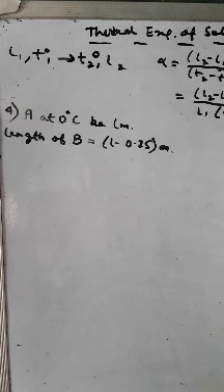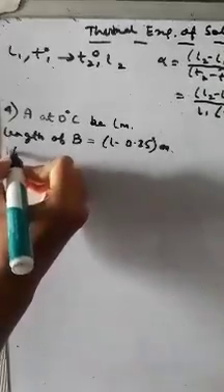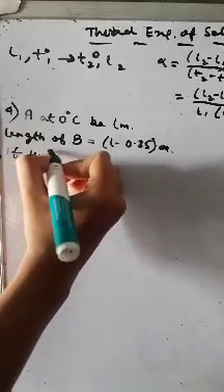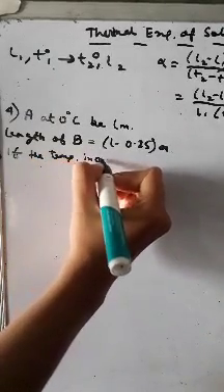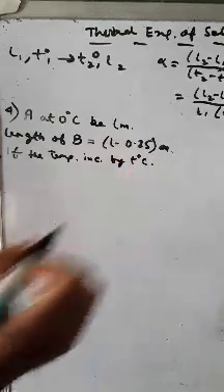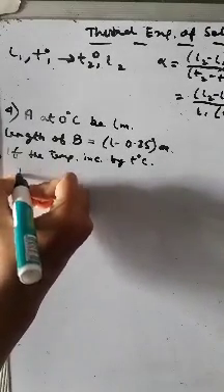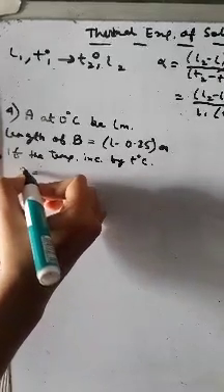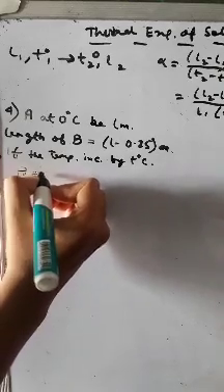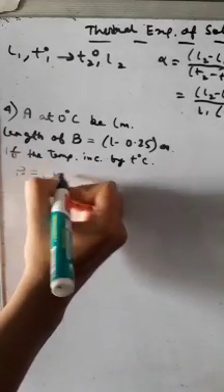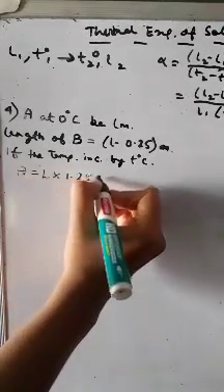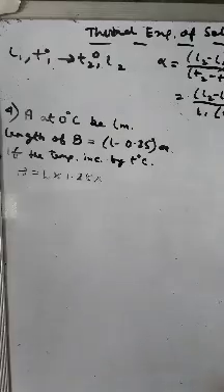Now if the temperature is increased by T degree C, then the linear expansion of the rod A will be L into 1.28 into 10 to the power minus 5 into T, using the coefficient of linear expansion from the question.